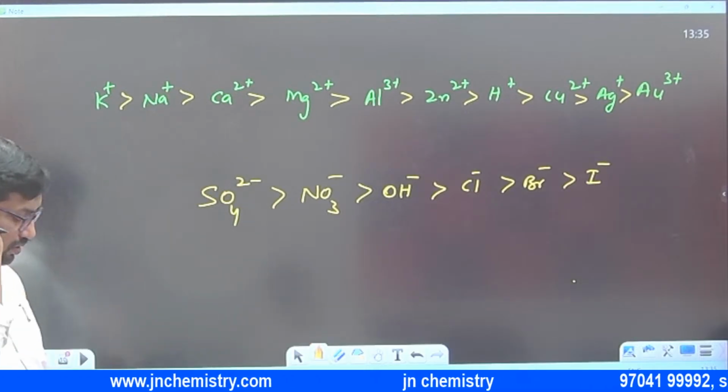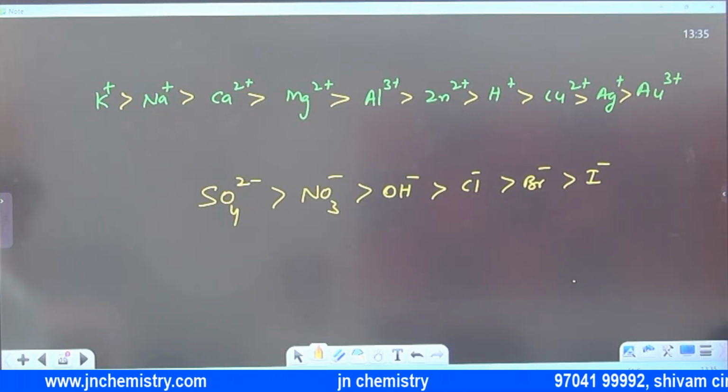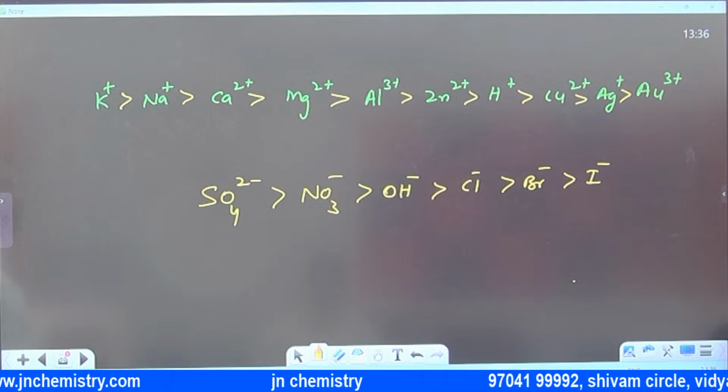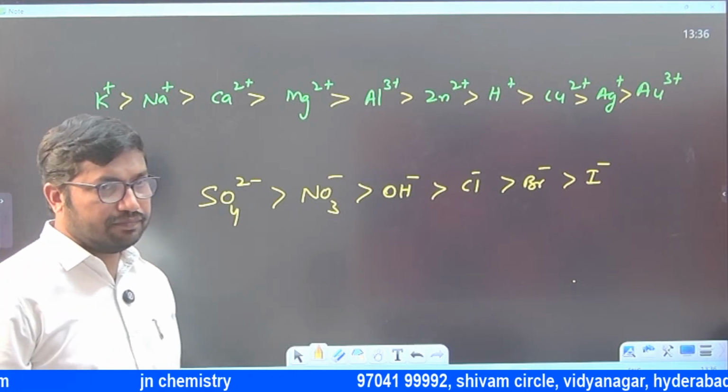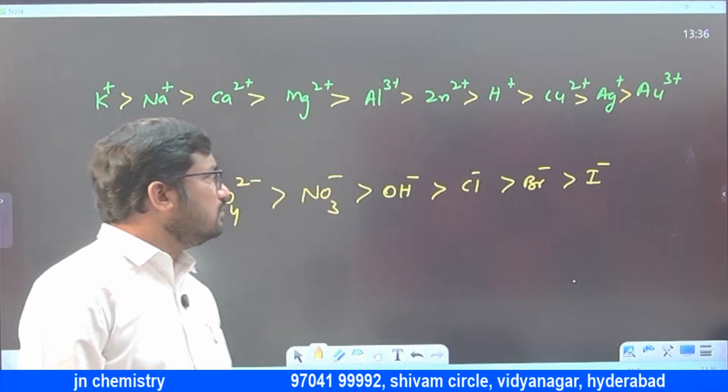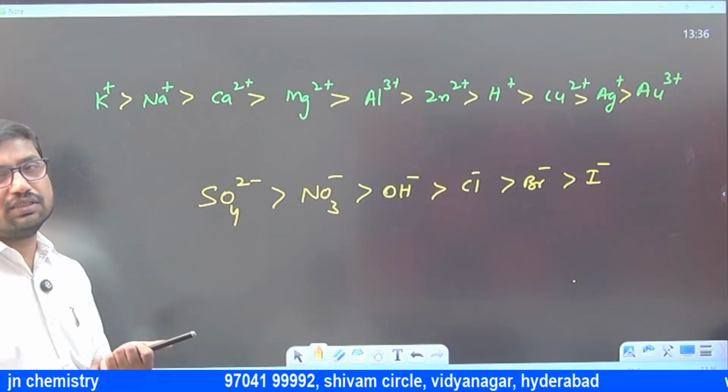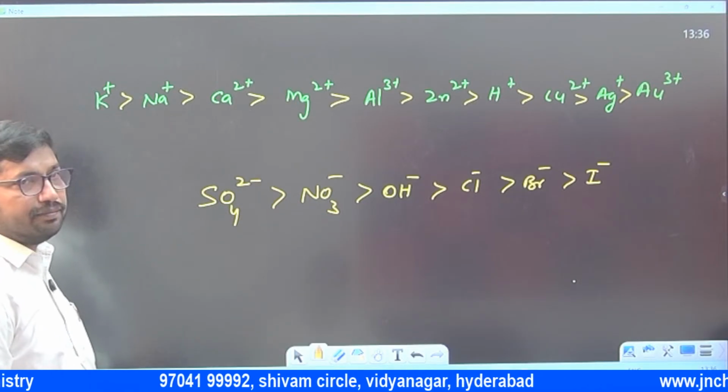Decreasing order. Based on electrode potentials.